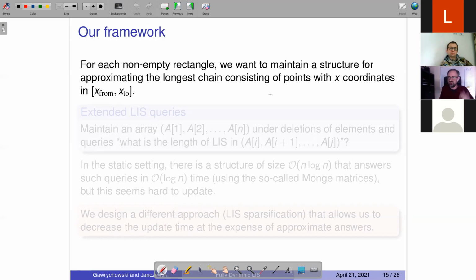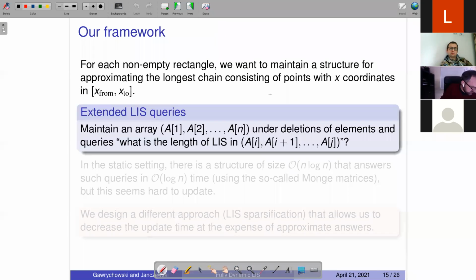So for each rectangle, we want some mechanism for such queries. Formally speaking, we want to maintain an array, and again, an array and a set of points are all the same. We have deletions of elements and queries about the length of the longest increasing subsequence in a range of this array. For each rectangle, we want to have such a mechanism.